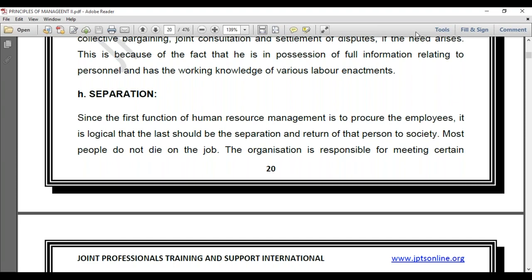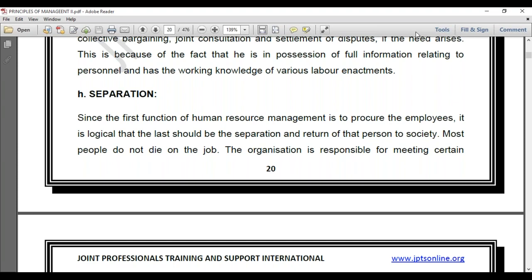So separation is inevitable in the workplace. The employee will put in 35 years of service and go on retirement. Some will die in the office, while some will resign and move to another organization, and so on and so forth.